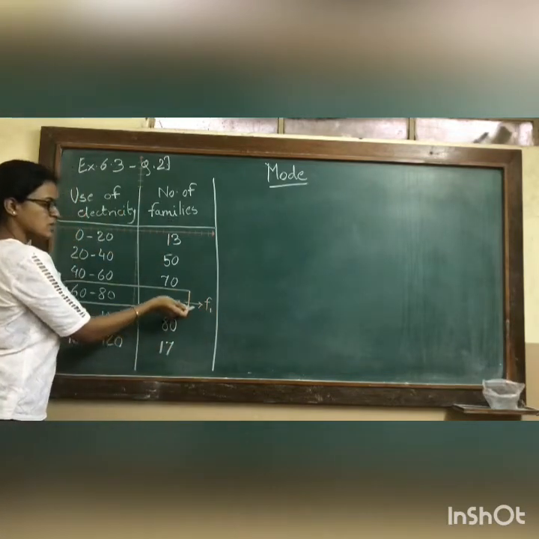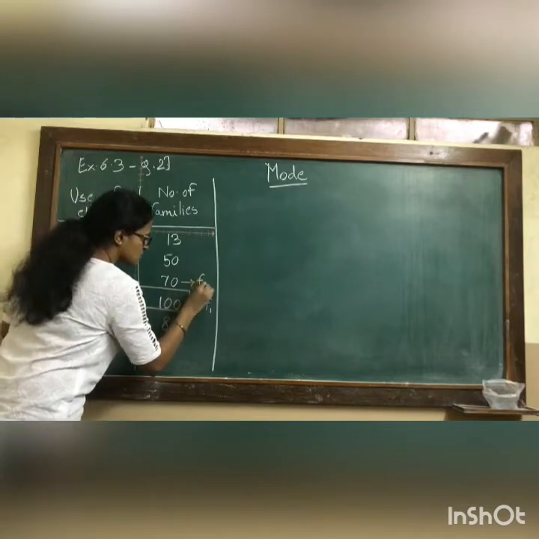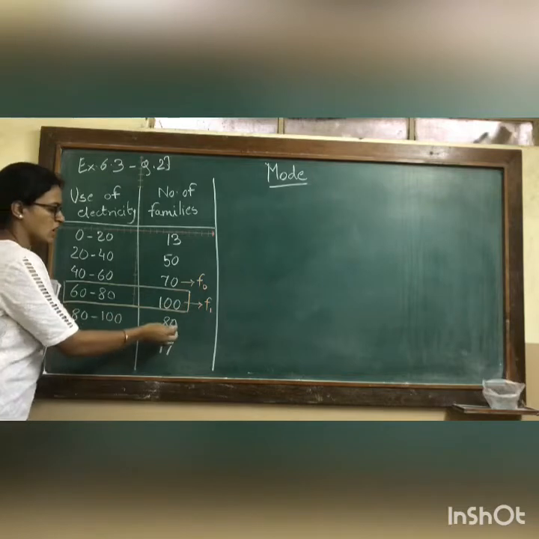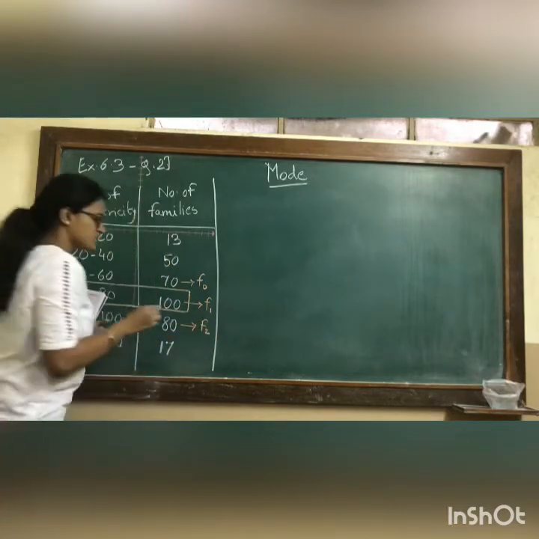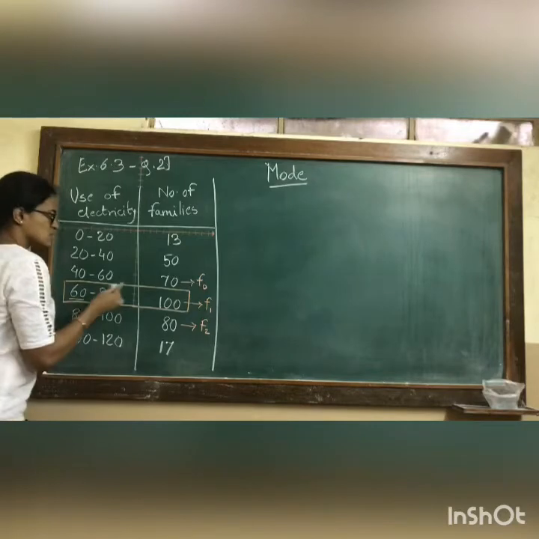The frequency preceding the modal class is marked as F0, and the frequency next to the modal class is marked as F2.